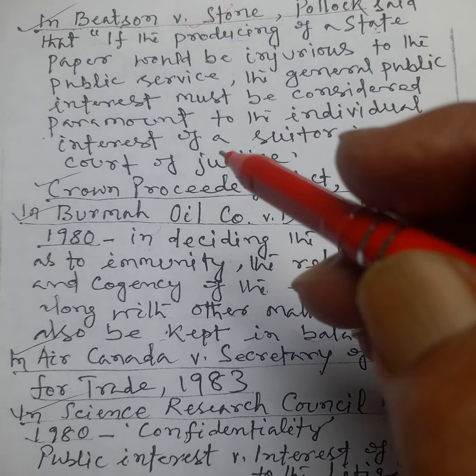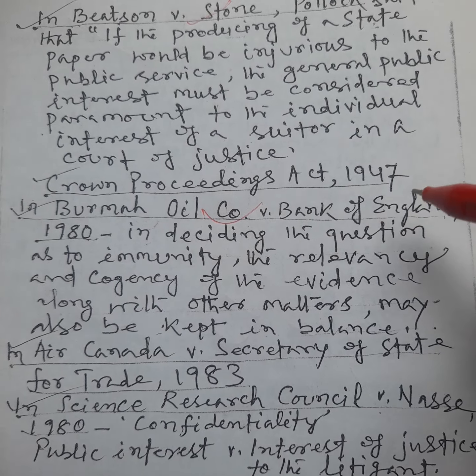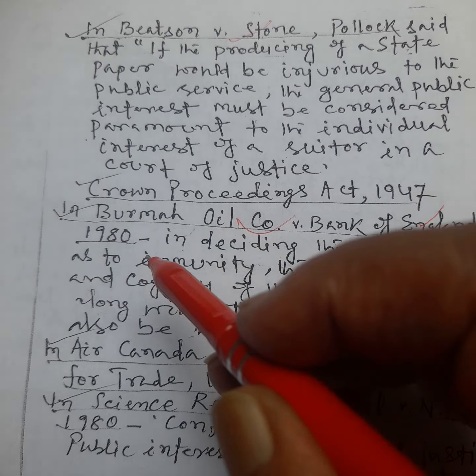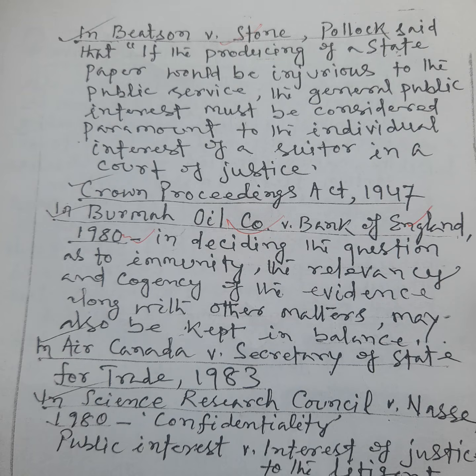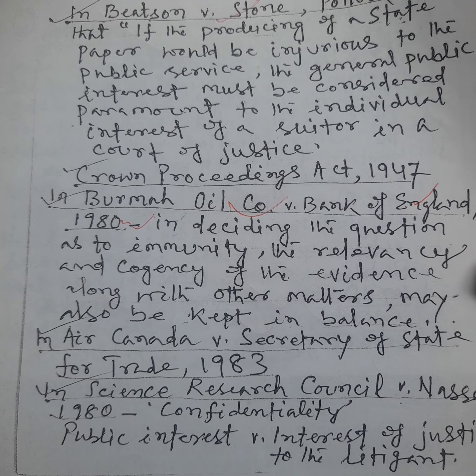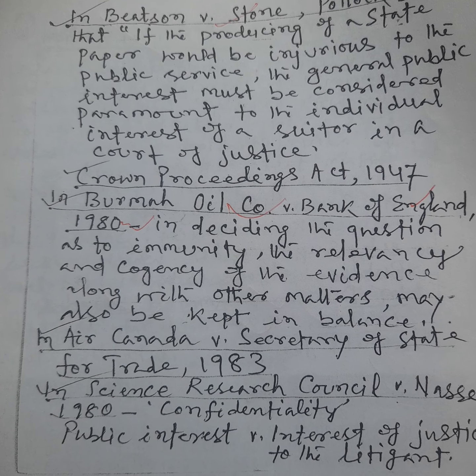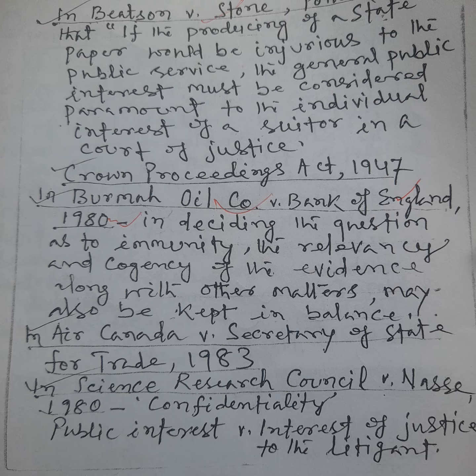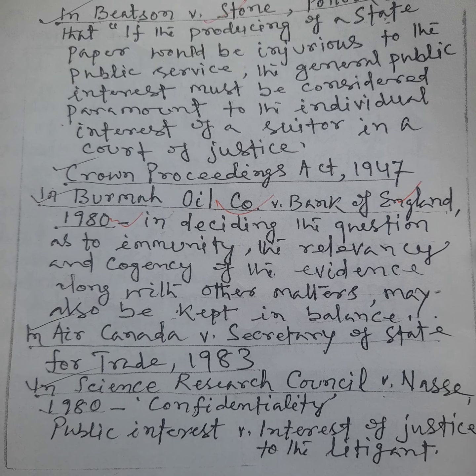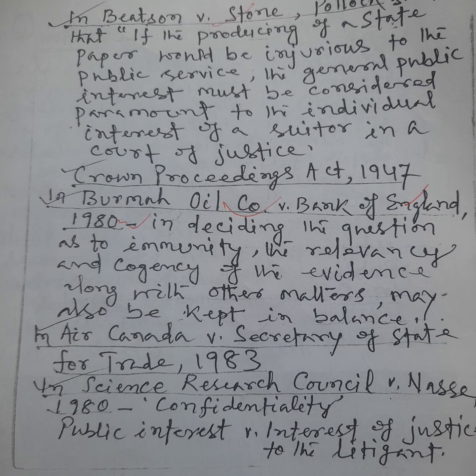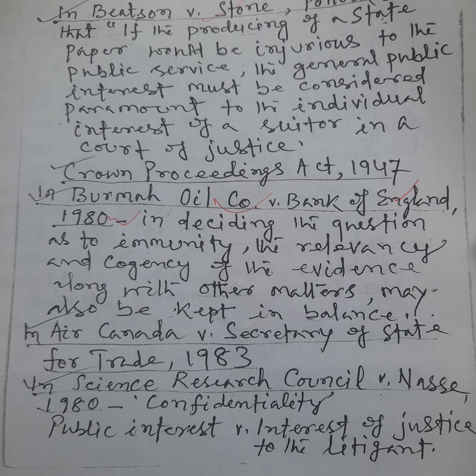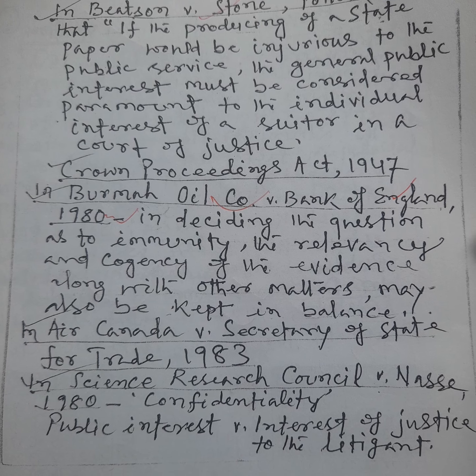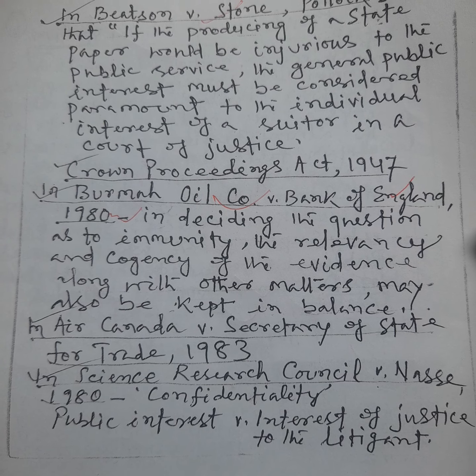And in Burmah Oil Company versus Bank of England in 1980, it was held that in deciding the very question of immunity, the relevancy and the cogency of the evidence, along with other matters, may also be kept in balance.